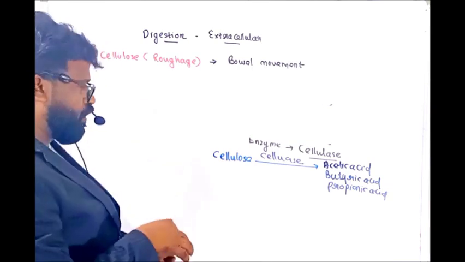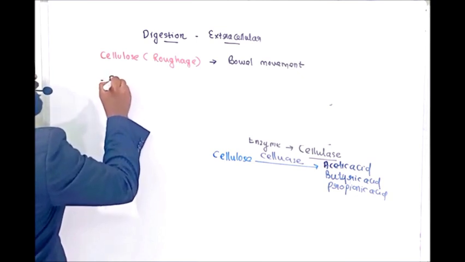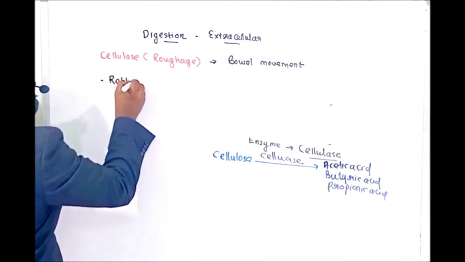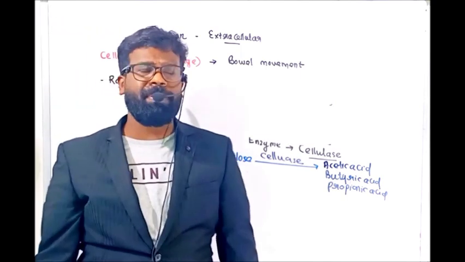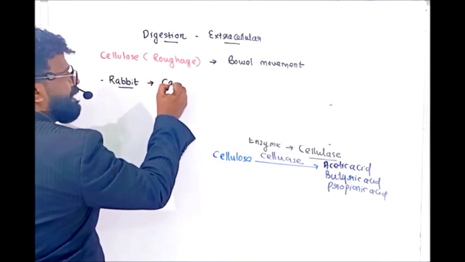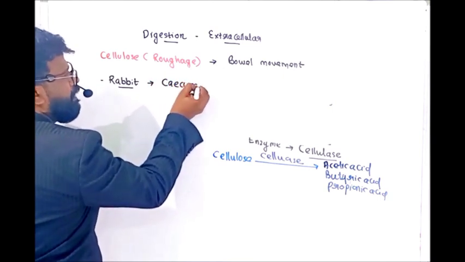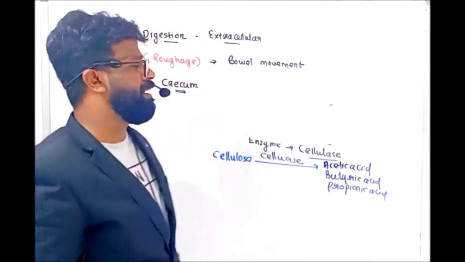Next is the cellulose digestion in rabbit. In rabbit, this cellulose digestion takes place in the cecum, that means at the beginning of the large intestine.